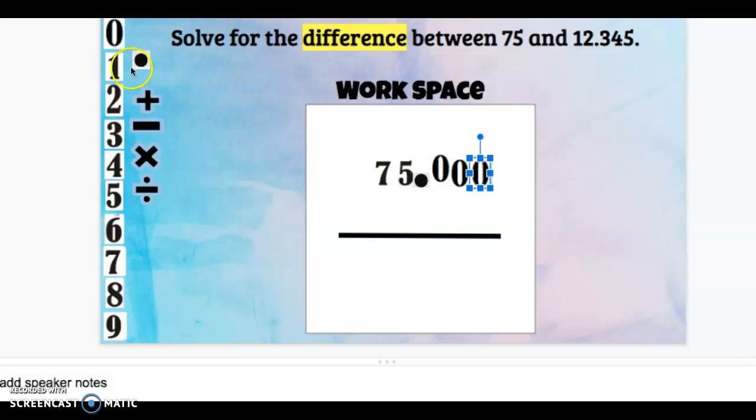Then I'm going to put my decimal point down, but then I'm going to line up the 2 that's in the ones column underneath the 5 in the ones column. Then I'll place the 1. And then I'm going to place the 3 that's in the tenths place underneath the first 0 in 75.